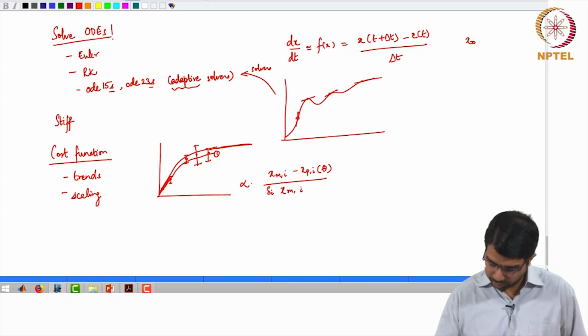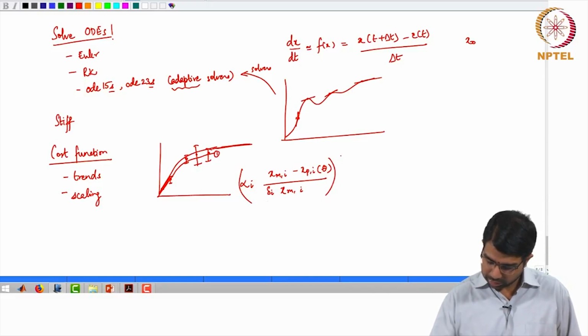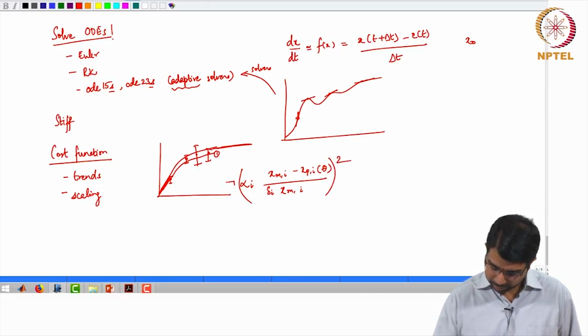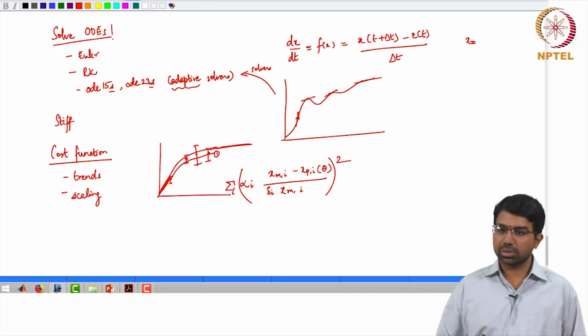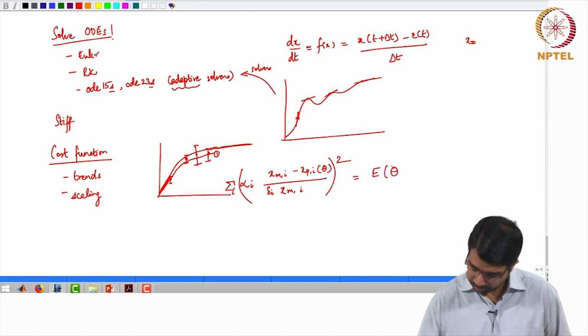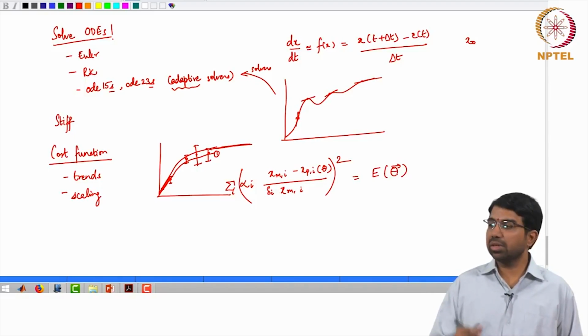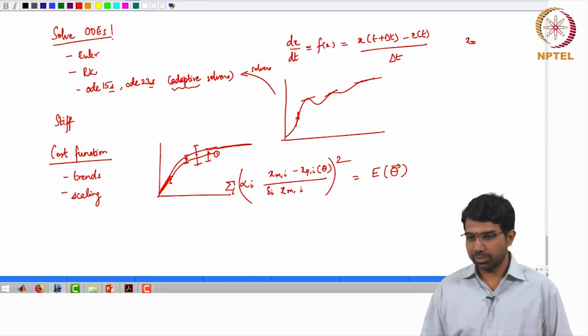So, you may want to put something else to account for that as well, and we will square this and sum across all the data points. This is your error cost function for any given parameter set theta.